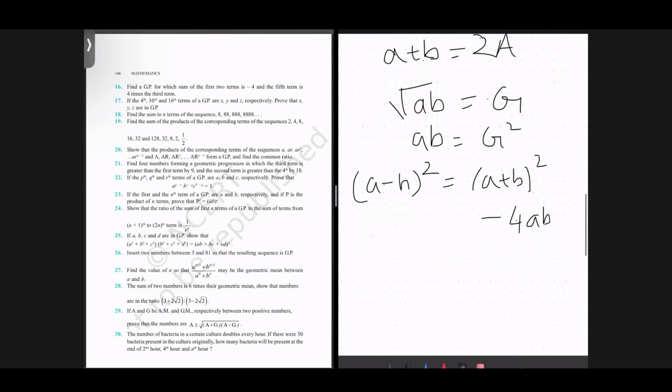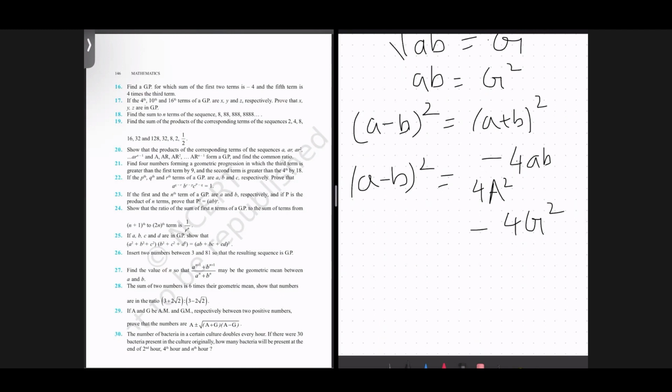So that is nothing but 4A squared, because a plus b is equal to 2A, and in here you have minus 4G squared, because root ab was G. So (a minus b) whole squared is going to be 4(A squared minus G squared).